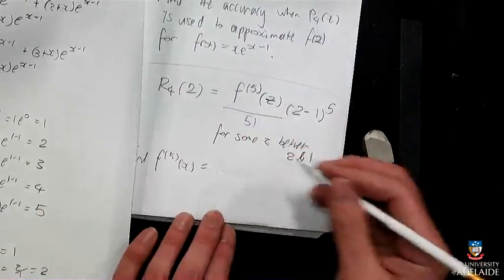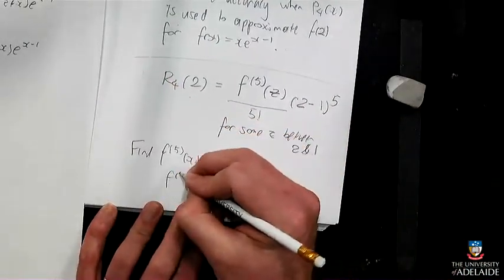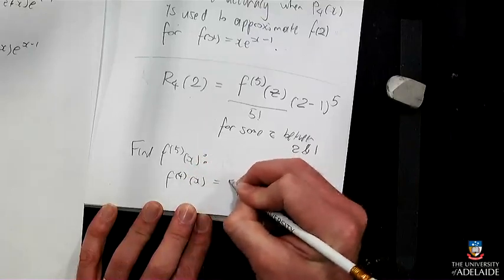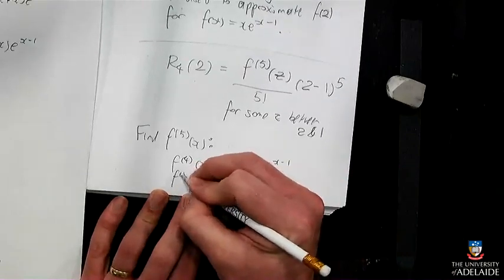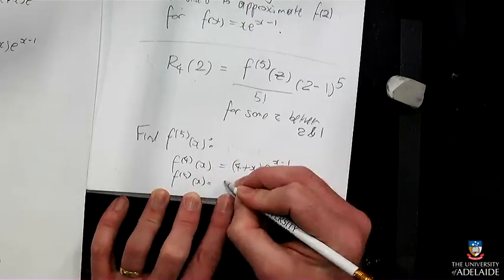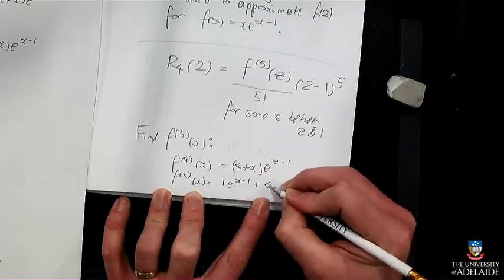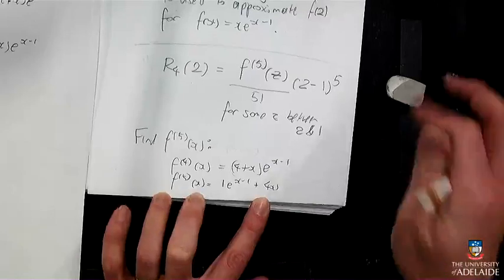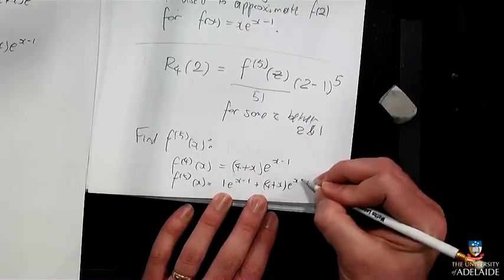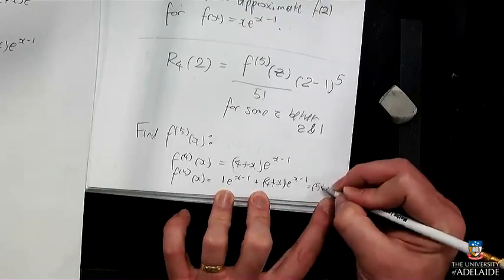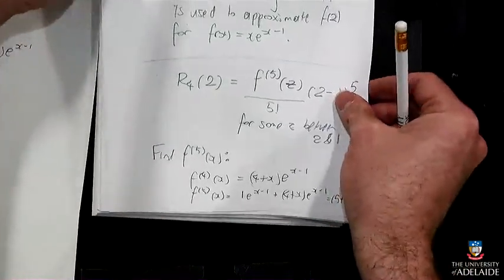The fourth derivative was this. And so the fifth derivative should be the derivative of that, e to the x minus 1, plus keep that. Derivative of this, which is 5 plus x, e to the x minus 1. Which we knew anyway because we figured out the pattern.